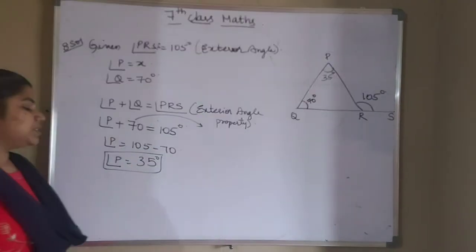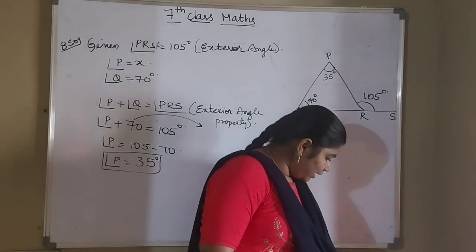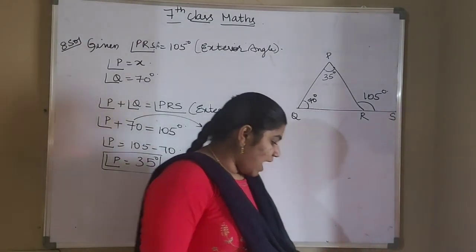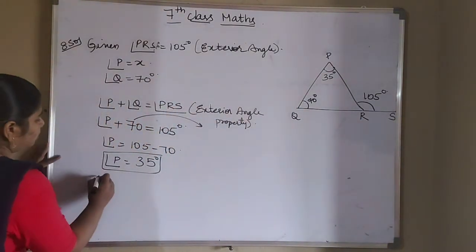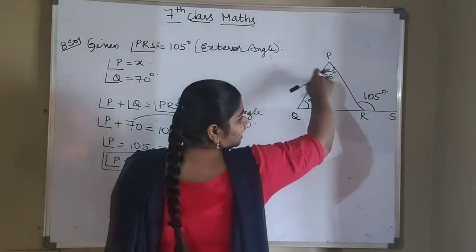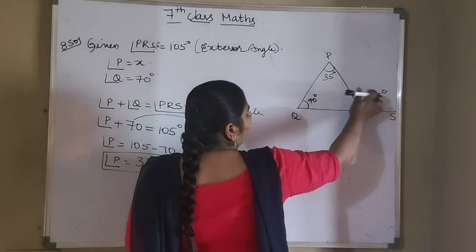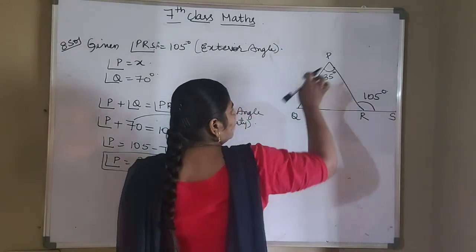Okay, now what is the next question they asked? Is angle PRS greater than angle P? Whether this angle is greater than this angle, they are asking. This is 105 and this is 35. So automatically 105 is greater than 35.